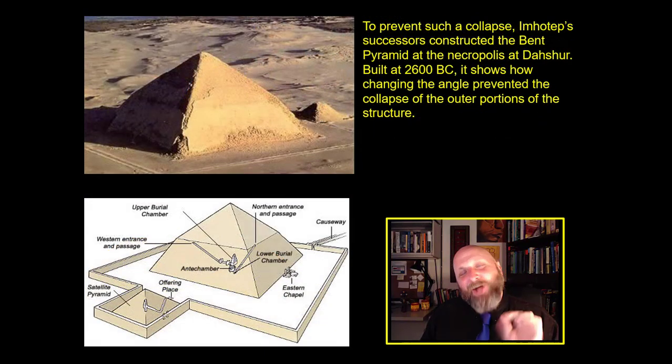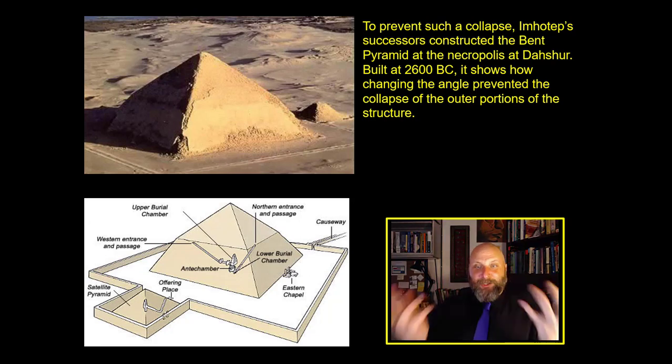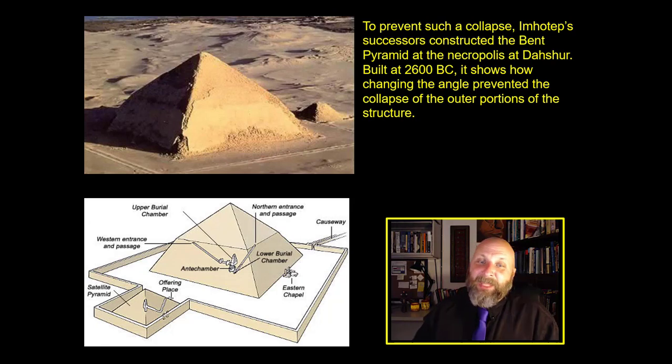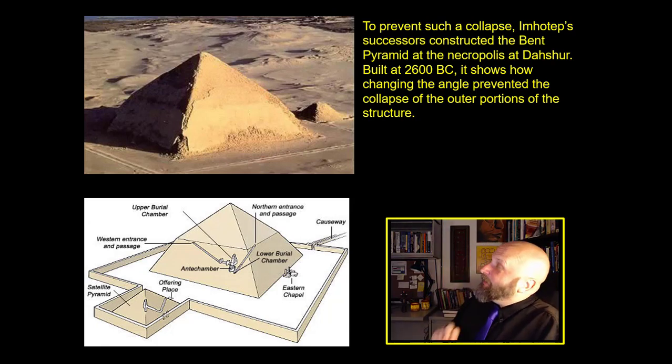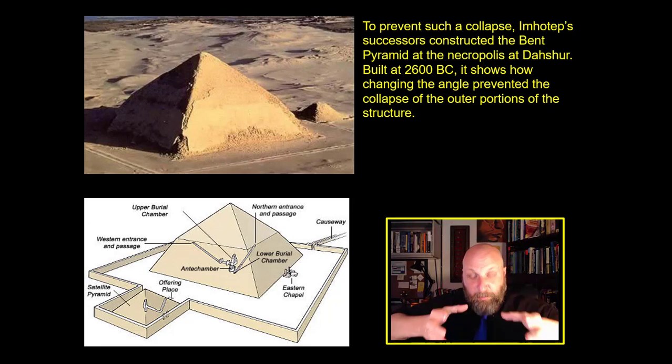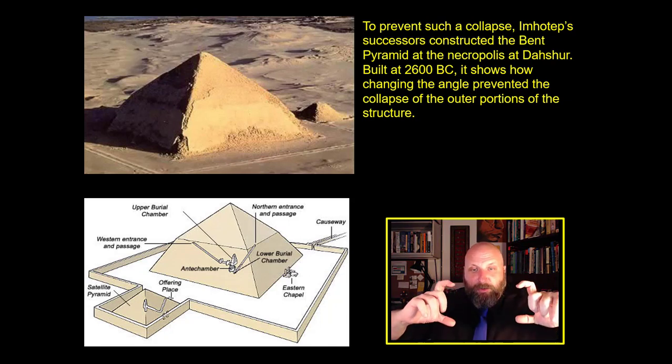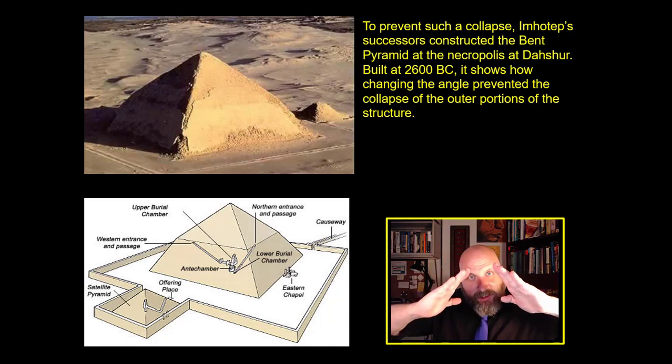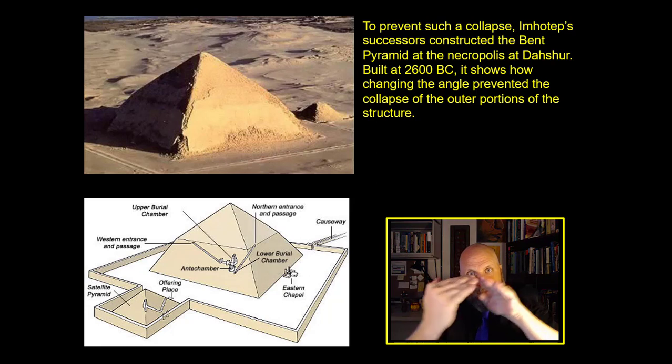But it was undaunted, all right? They said, okay, we know what went wrong at Needham. We're going to build you an even better pyramid at the necropolis at a place called Dashur. And this is how they solved that engineering problem that caused the pyramid to collapse at Needham. They decided to create a bent pyramid. What they're going to do is build the pyramid and then about 2/3 of the way up, change the angle of the sides.